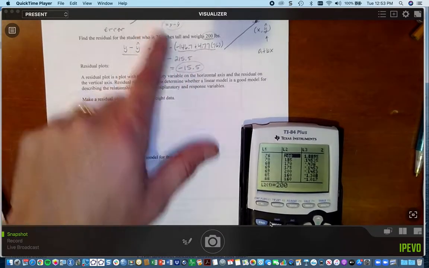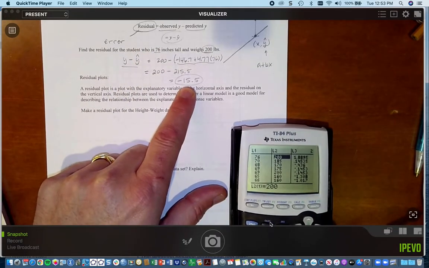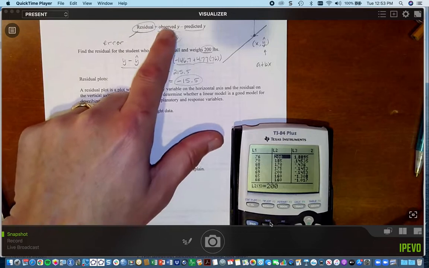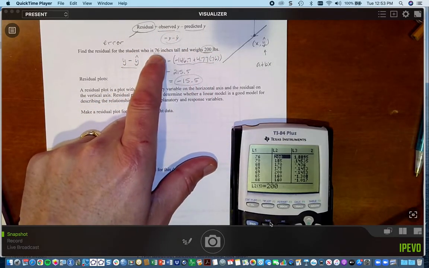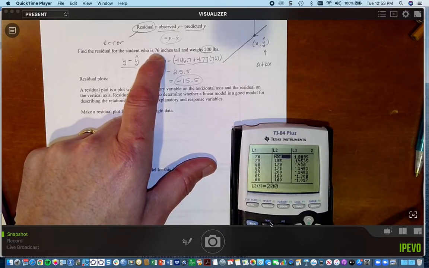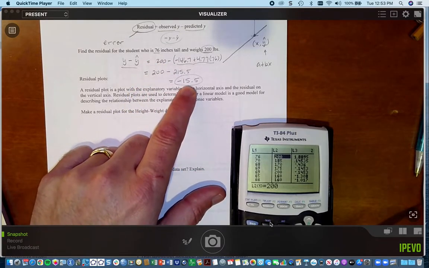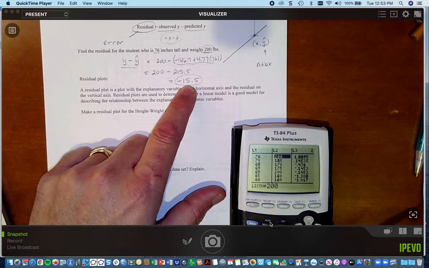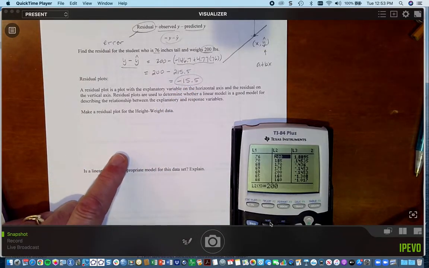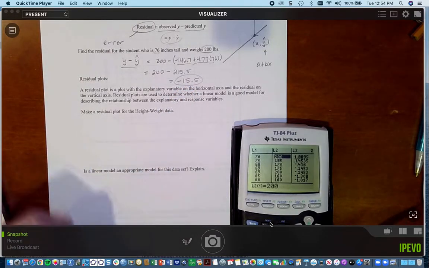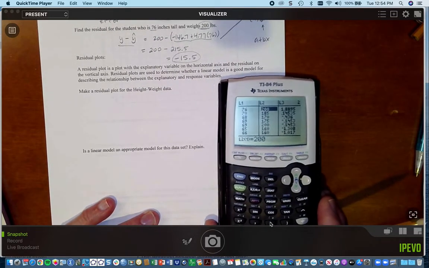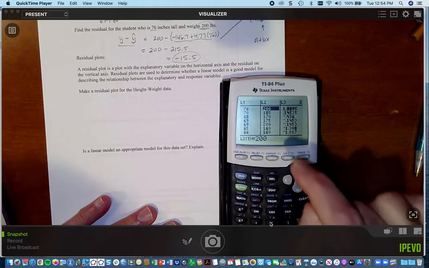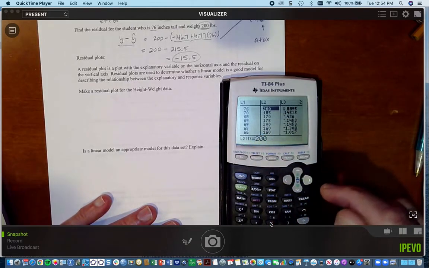So this guy that we calculated this residual for, he's going to be an ordered pair that is 76. So 76 along the horizontal axis and negative 15 on the vertical axis. All right, and so to make this residual plot, I'd have to calculate the residual for every single one of these guys. Right, now, what your calculator does is it will calculate those residuals for you.